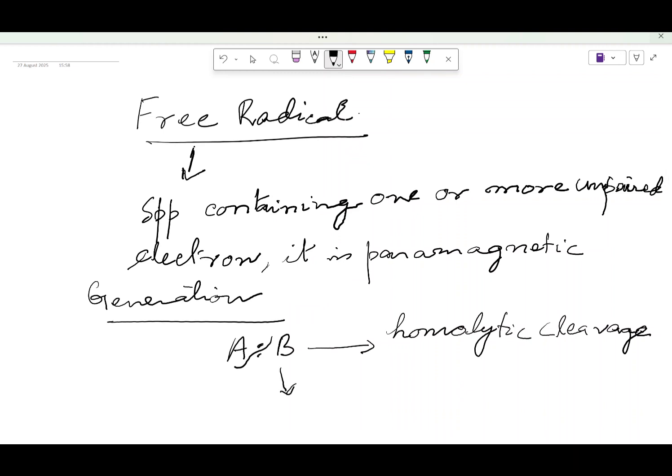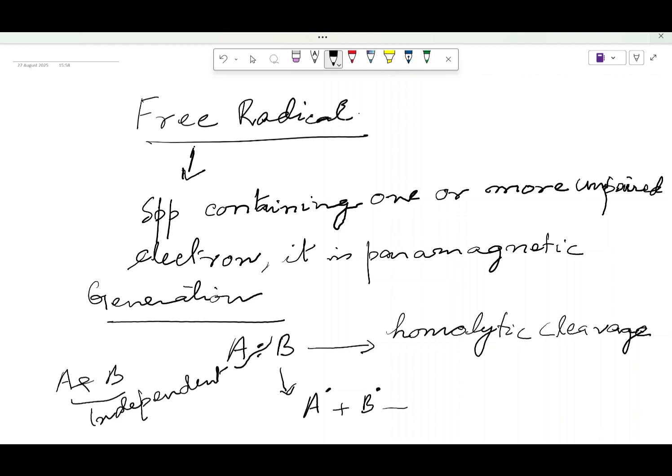And then it will generate A with one dot, where dot means an electron, and B with one dot. Therefore, A and B were the two independent atoms. When they are in AB, they share the electrons and form a covalent bond, and after cleavage they take their own share, and this becomes A with one electron and B with one electron.